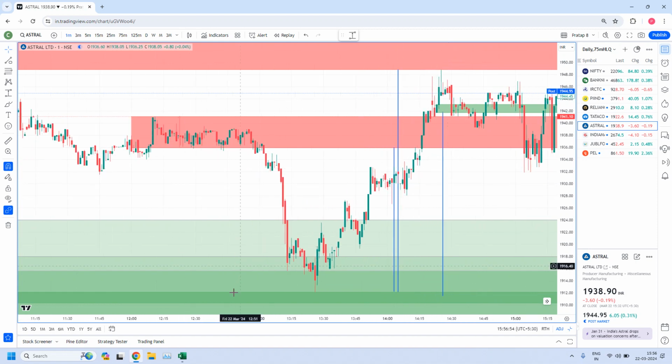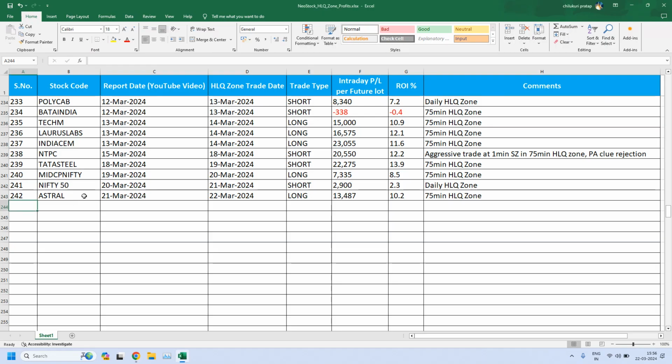But today, what is the profit we got? Astral, we got a profit of 13,487 rupees, which is a 10.2% ROI as per one futures margin cost. It is excellent profit. See, ROI 10.2%. This week we got a majority of the stocks, we got a very good ROI, more than our average ROI of 6.1%.